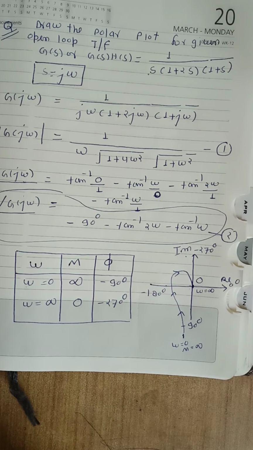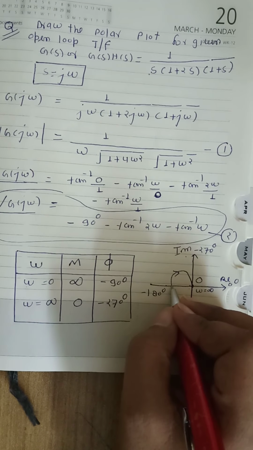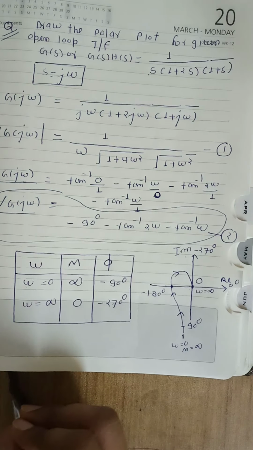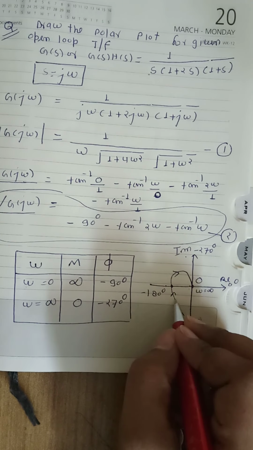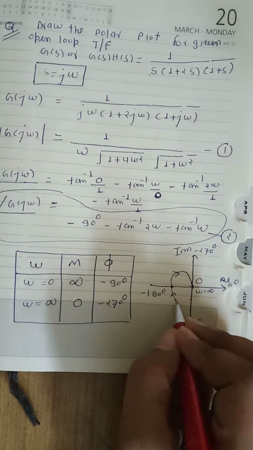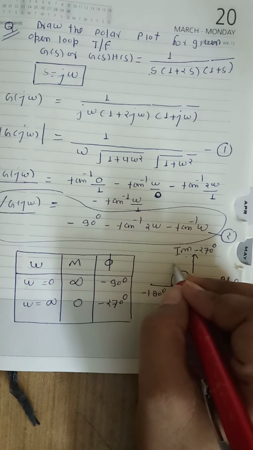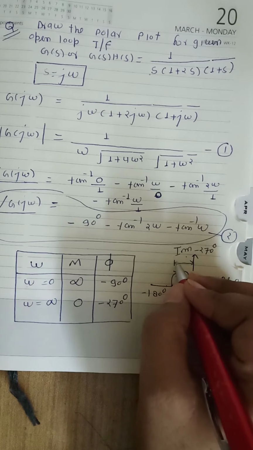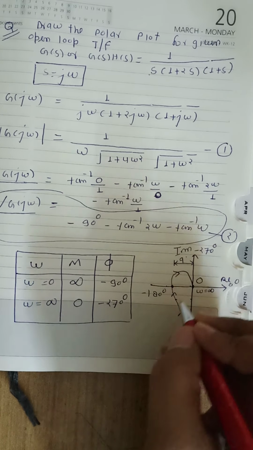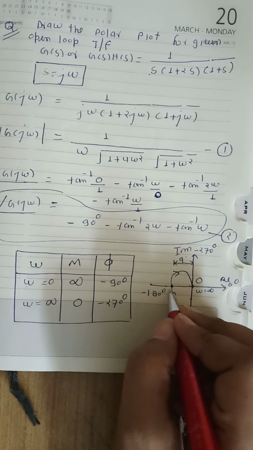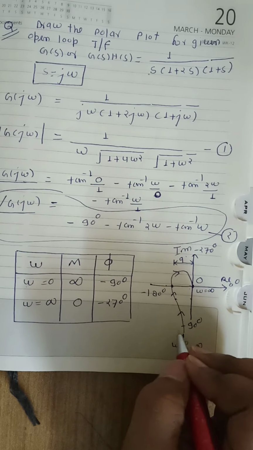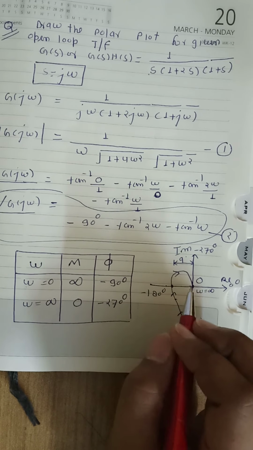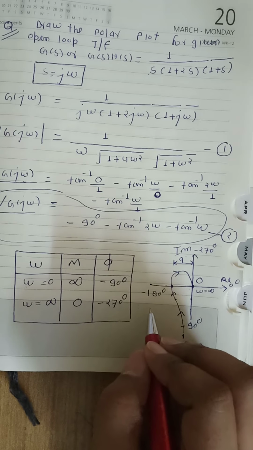But this is not a complete plot. We have to define the value of omega at this point, and we have to define this distance. Suppose this distance is a, so we have to define a, and we have to define omega at the point where the plot will intersect the minus 180 degree line.